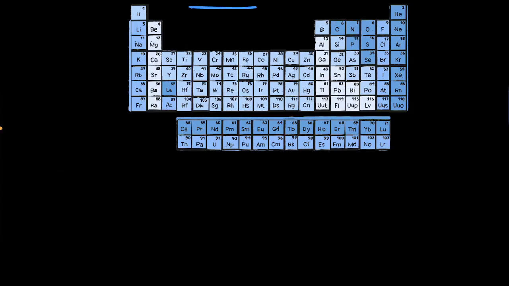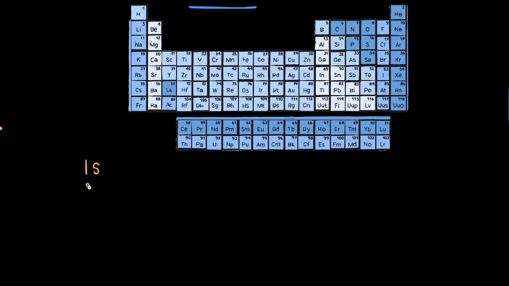So before we get into actually finding the electron configuration for an element, working through an example, just a couple things we should mention. So we know that atoms have different energy levels, and each of these energy levels will then have certain sublevels. So the first energy level actually only has one, the 1s sublevel.